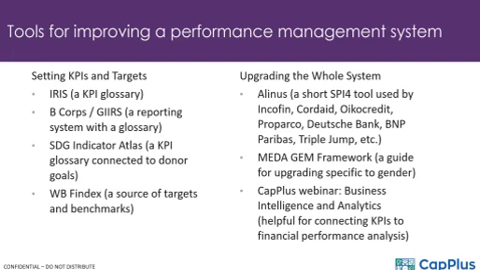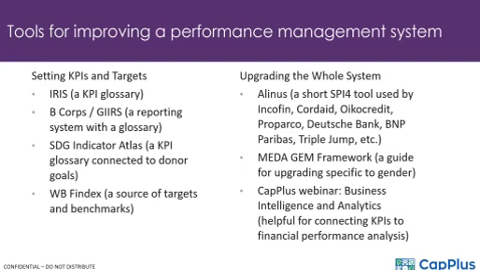A few examples include, on the left, some KPI and target glossaries, so basically lists of KPIs and what they can be used for, including IRIS, the SDG indicators, and sources like the World Bank Findex. And then on the right, whole systems that can be taken as kind of pre-packaged systems.